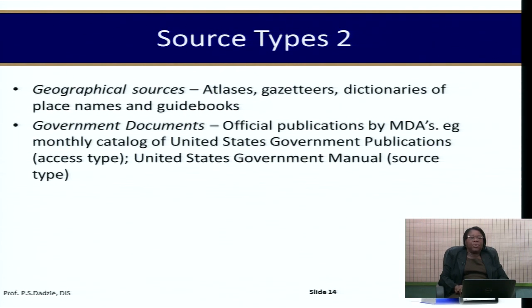Now, the last type of source types include government documents, official documents by the ministries, departments, and agencies, and they carry all the information contained in them. So according to this school of thought, we have two main types of reference sources or information sources: control access directional, and the source types, which contain the information themselves.